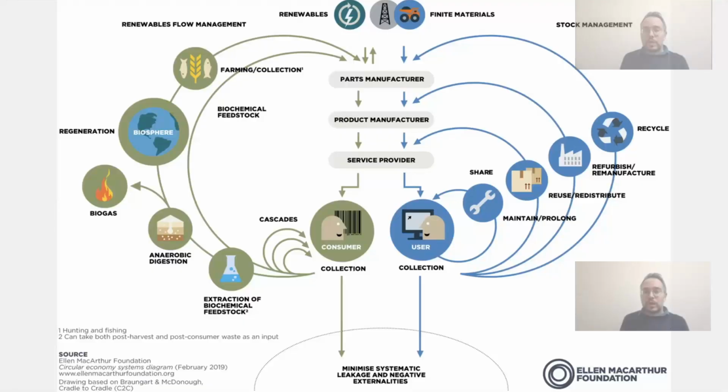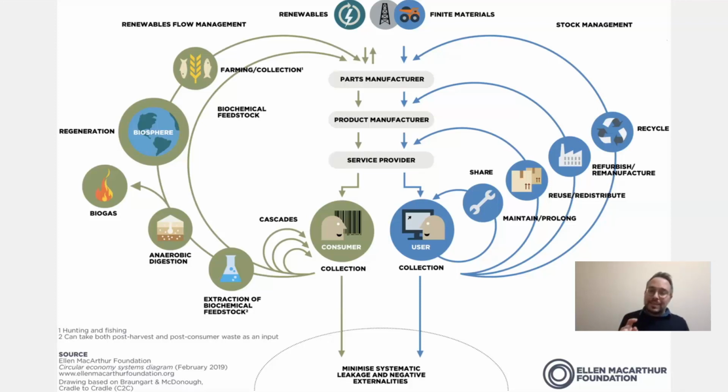So this is one of the graphs that you might see all the time when you Google circular economy. This is one of the famous graphs. And today I will be showing some strategies on the right side. The left side is basically strategies that you can follow when your idea is based on renewable materials. And the right one is if you're producing a product by using finite materials.